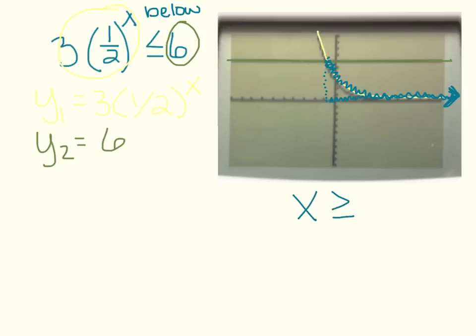And then we just need to do a second calc intersect to find that value. When you do that, that value is actually at x equals -1. So x is greater than or equal to -1. And when your instructions, like on your homework and your quiz and your test, say use a table or graph, I want to see a sketch of the graph with things shaded, just like I have here.